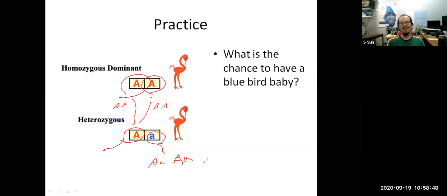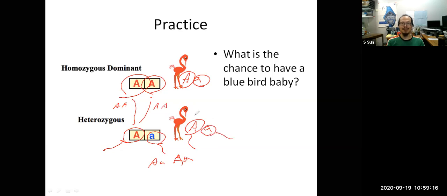Okay. So in what situation can you have a bluebird as the baby? If this one has big A and small a, and this one has big A and small a, then the egg could be big A or small a, and the sperm could be big A or small a.